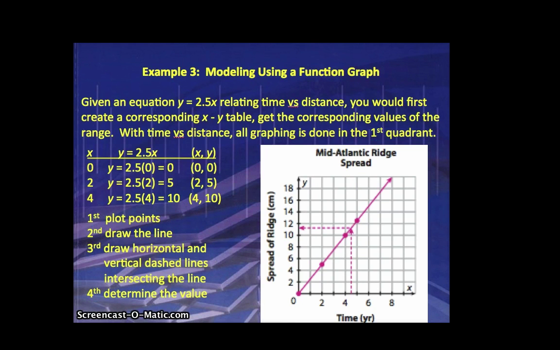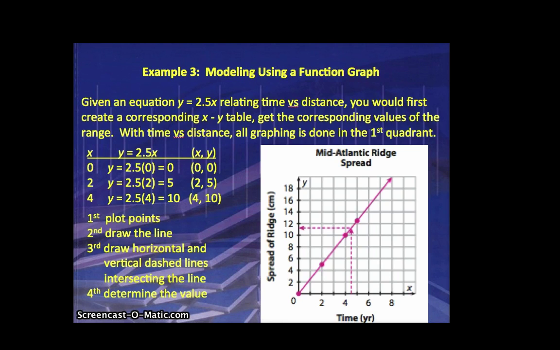And example 3, modeling using a function graph. In this example, you determine the domain and determine the range shown in the table. So you have to come up with the table first. You may even have to create the function from the graph, create the table, identify some points for the domain. Since you want to know the spread of the ridge at 4.5 years, draw a vertical line from the x-axis to the graph of the line.